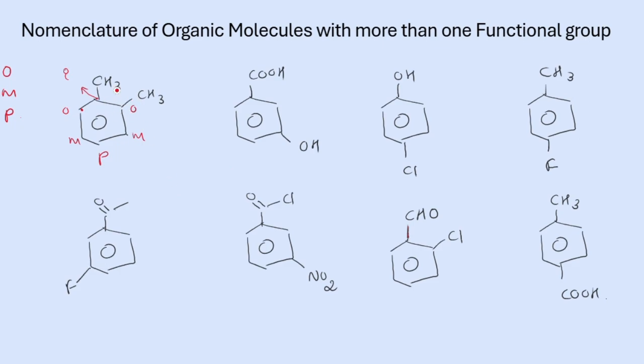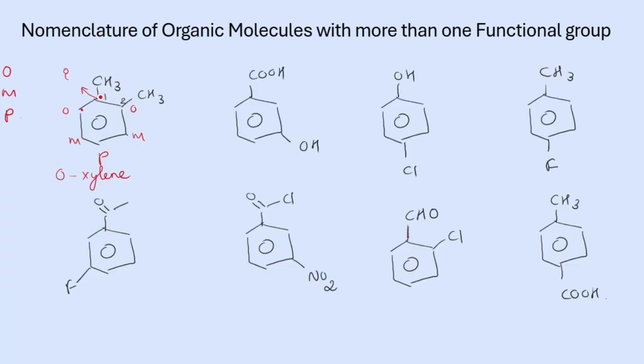In the first case, since there are 2 methyl groups, you can call this ortho dimethyl benzene, or this is also known as orthoxylene. We can also number it. How? Like this. Therefore, you can also call this 1,2-dimethyl benzene.